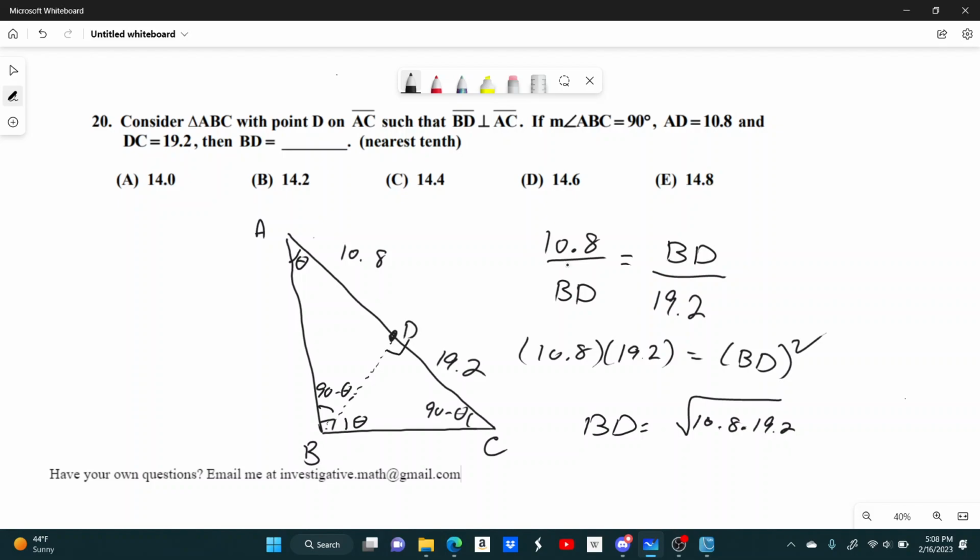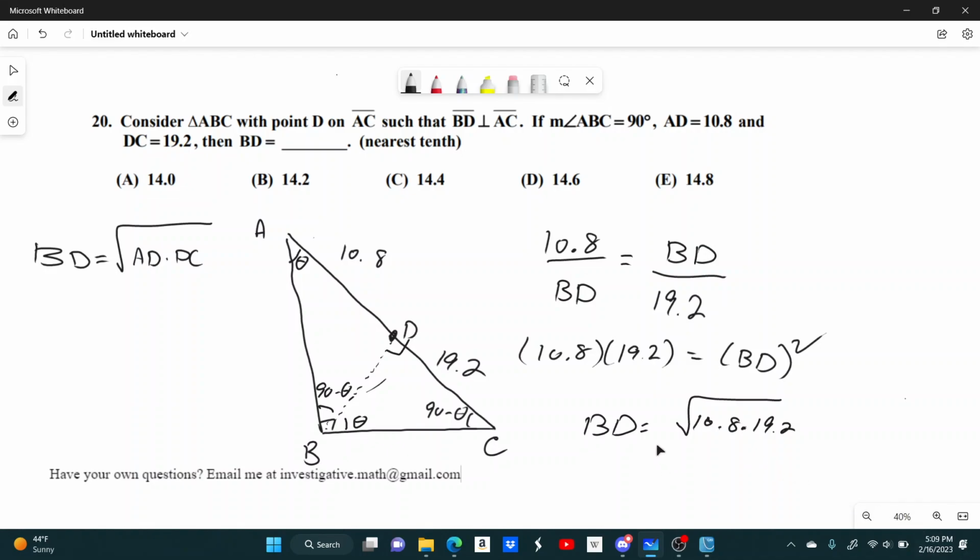If you have a right triangle and an altitude to that right triangle, the two sides that it divides the hypotenuse into, the geometric mean of those two is going to equal the altitude. Or in other words, BD is always going to be equal to the square root of AD times DC if you have this altitude drawn here. So let's figure out what that length is.